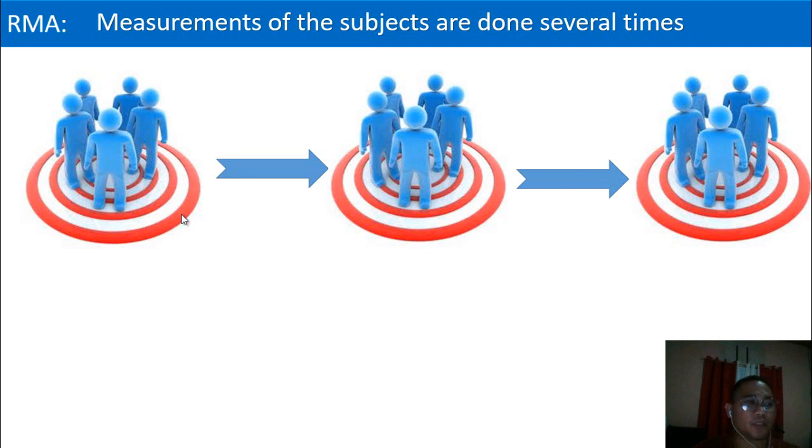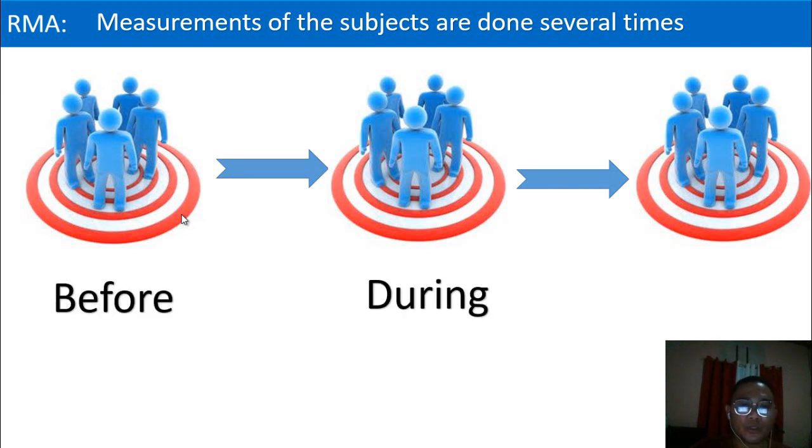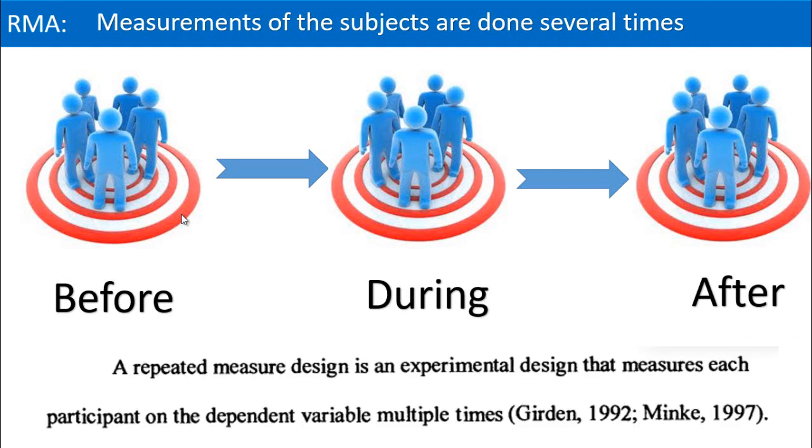So we have to define first the repeated measures ANOVA. We have here before, during, and after. Repeated measures ANOVA, or repeated measures design, is an experimental design that measures each participant on the dependent variable multiple times.